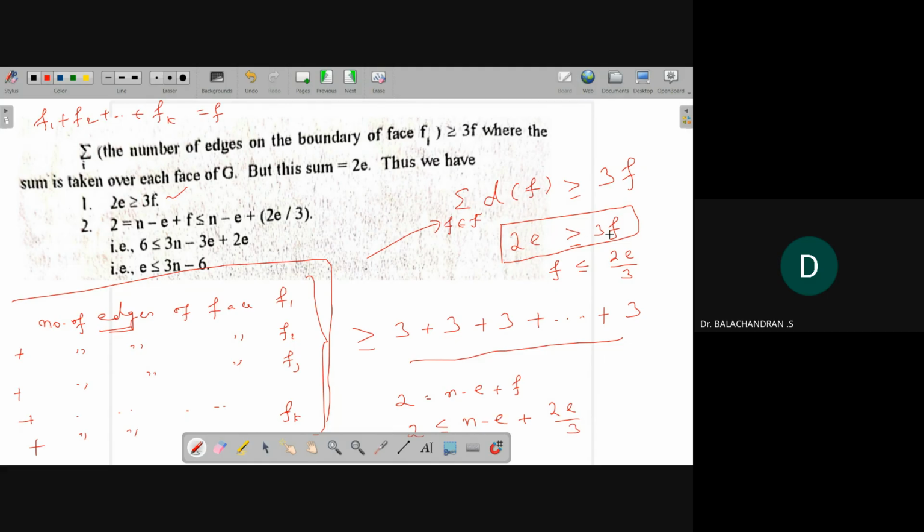So 2E is greater than or equal to 3F, so F is less than or equal to 2E by 3.